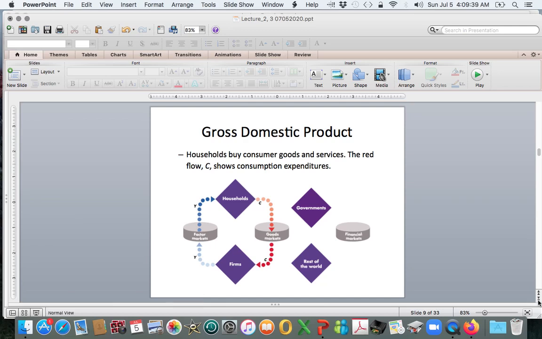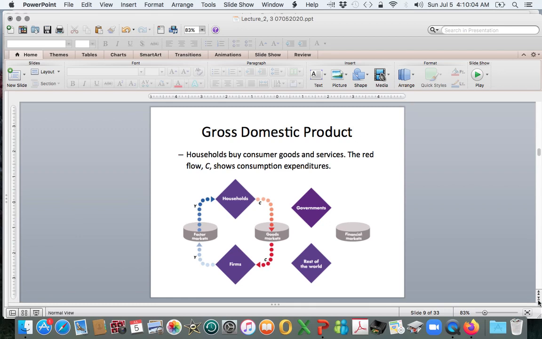Imagine yourself in the grocery store or in any other market, maybe a clothing store. Somewhere, some firm had to produce either the food product you're purchasing or the clothing that you're purchasing. And that completes the very small circle from Y to C through households.